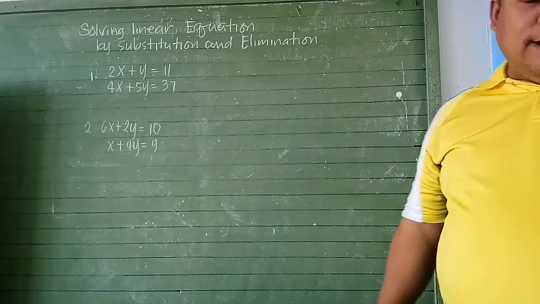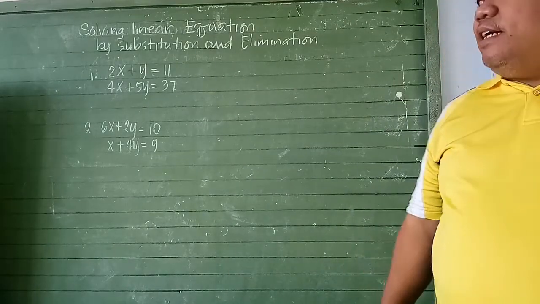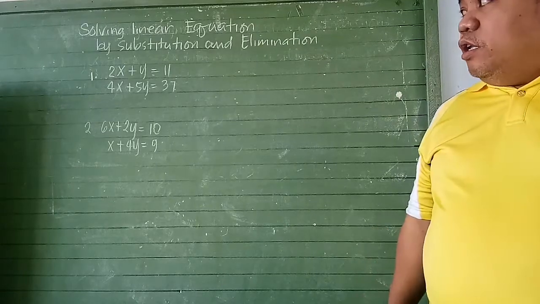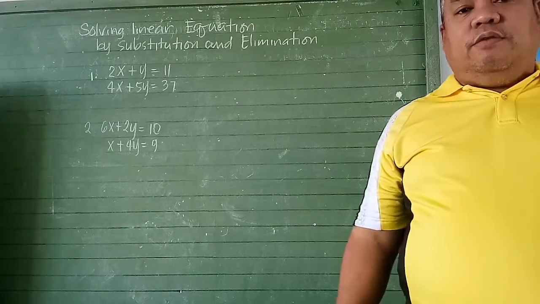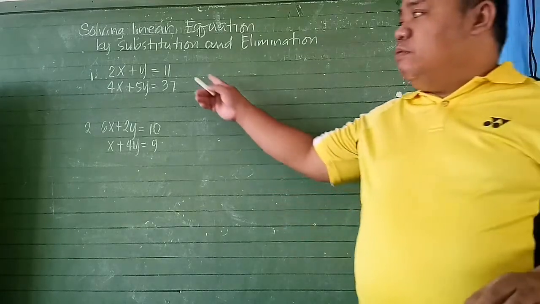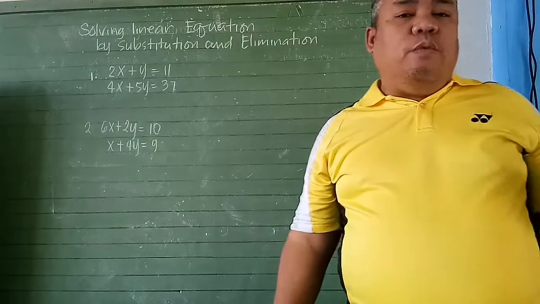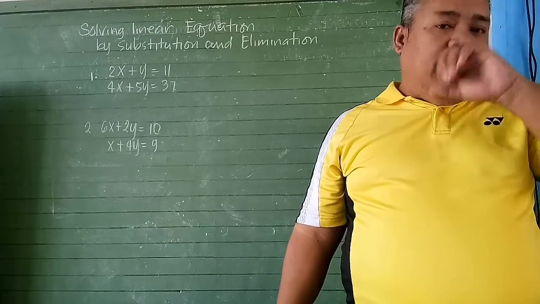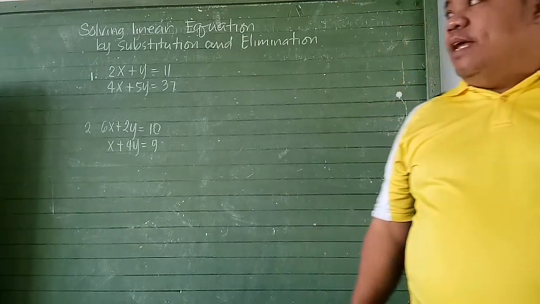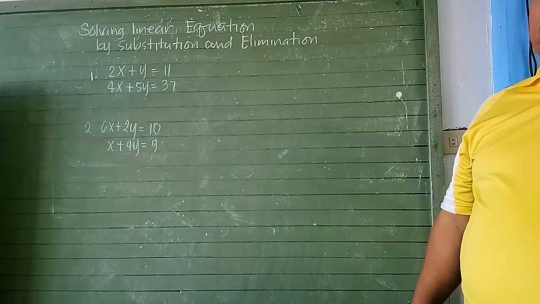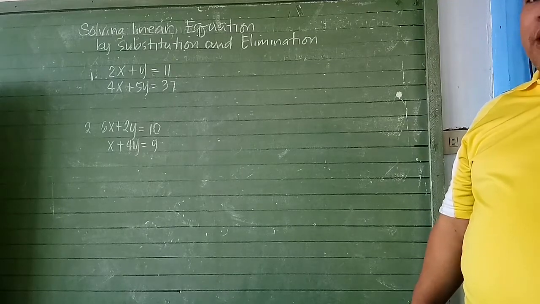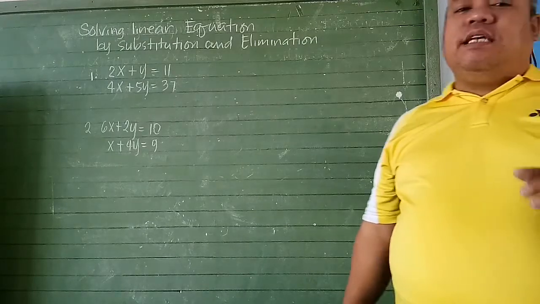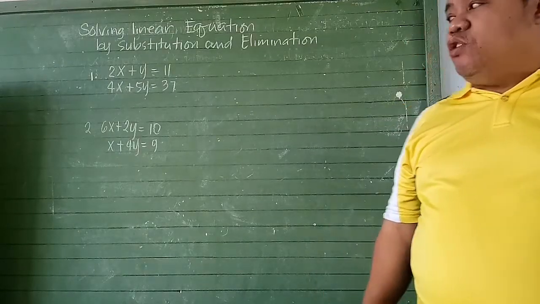So let us now discuss the solutions for two linear equations. We're going to find the value of x and y in two linear equations. There are two ways of finding the solutions of linear equations. One is what we call substitution, and the other one is elimination. This time, we're going to do the substitution method. How can we tell if the equations can be solved by substitution?